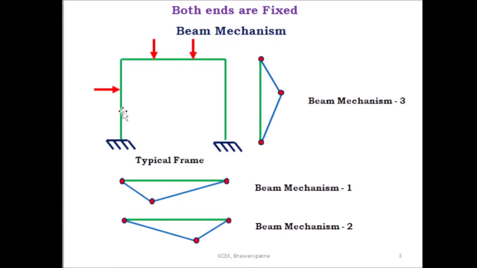So here 1 plastic hinge will be found, and here 1 plastic hinge will be found, and another plastic hinge under the load. This is 3 plastic hinges. So this is the beam mechanism 3. If there are 3 loads present, so you have to take 3 beam mechanisms, that is beam mechanism 1, beam mechanism 2 and beam mechanism 3.